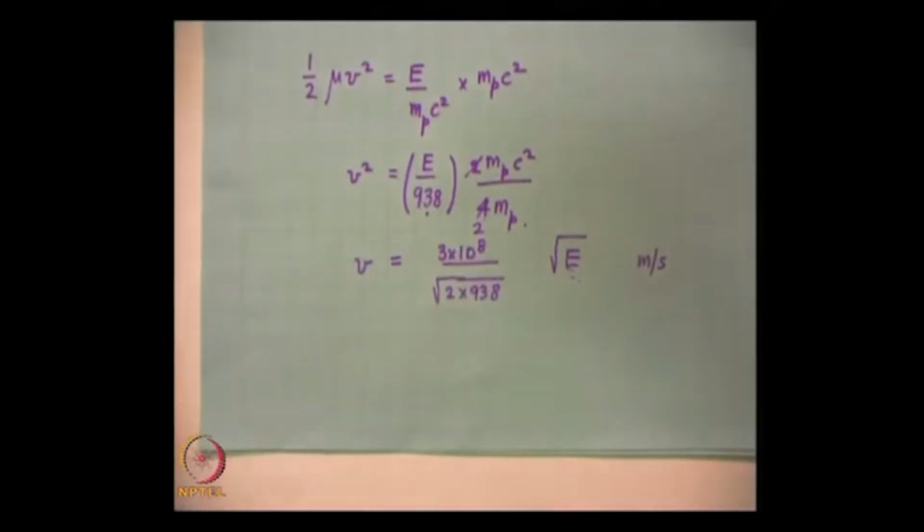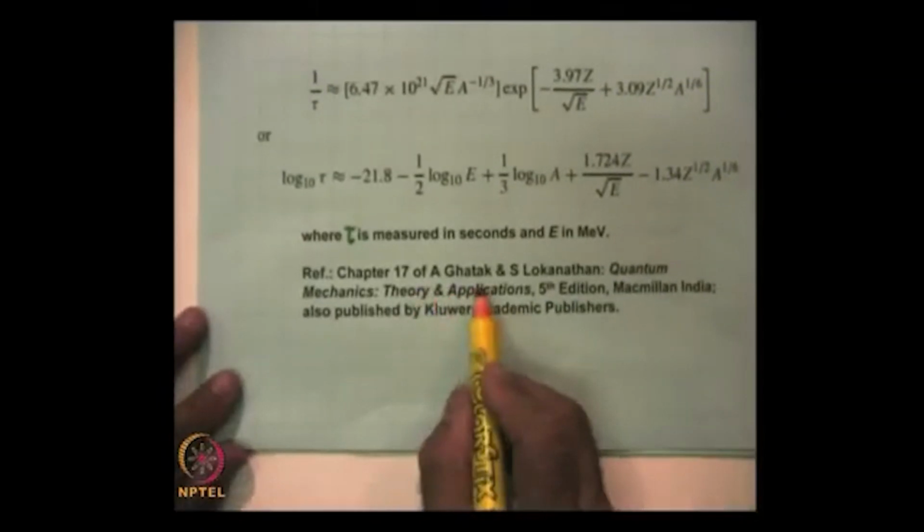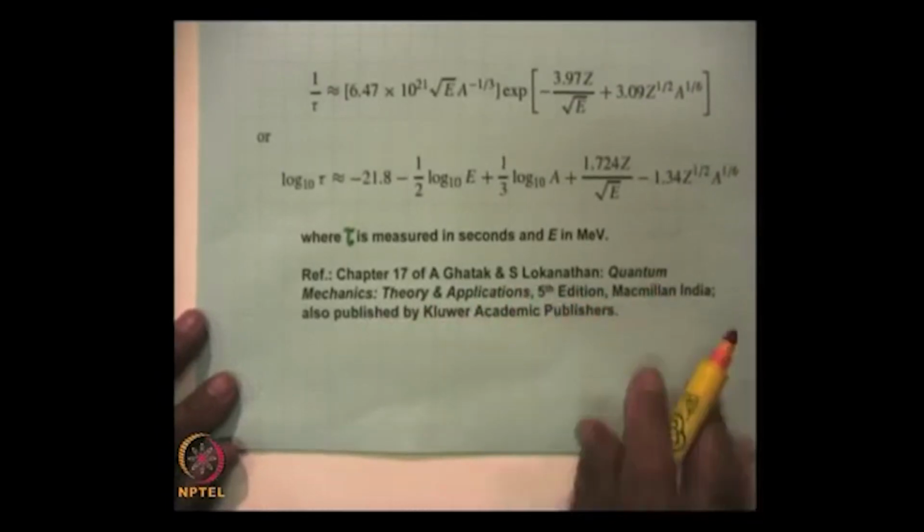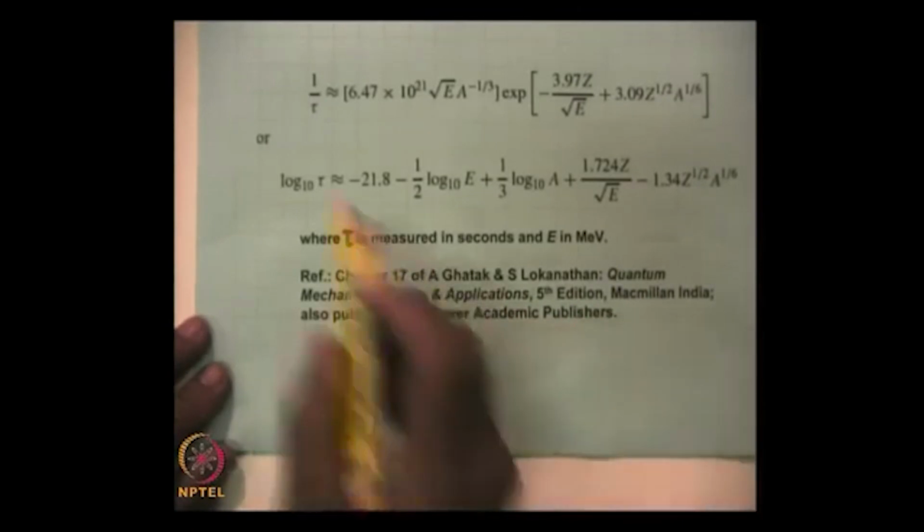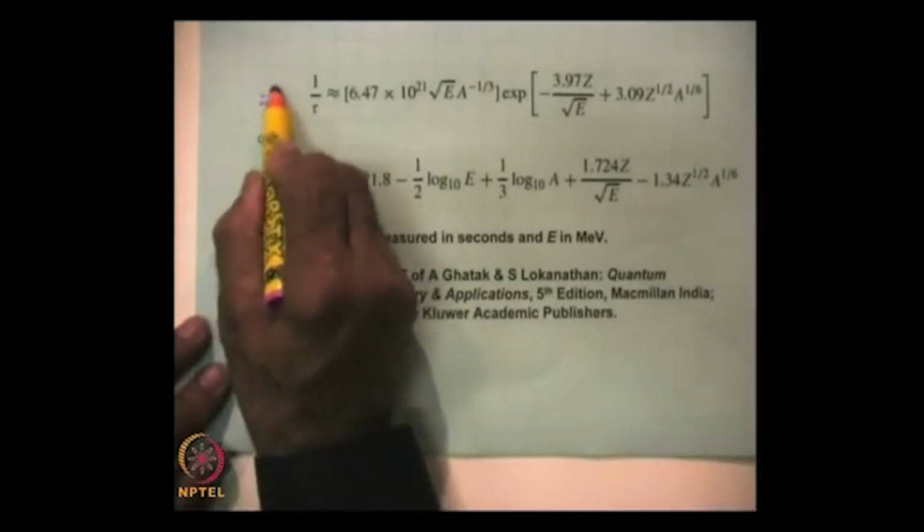If you use this kind of algebra, then the final formula is given in our book by myself and Professor Lokanathan, Quantum Mechanics Theory and Applications, 5th edition. So, you will get this expression for 1/tau.